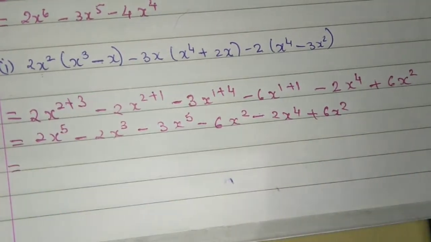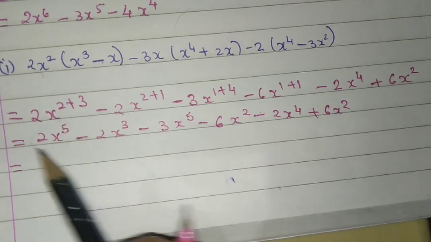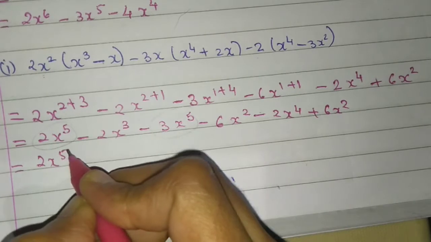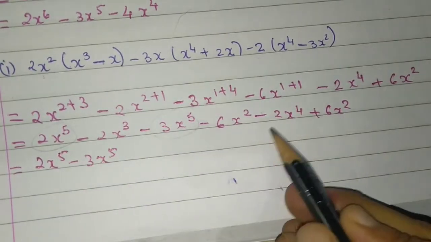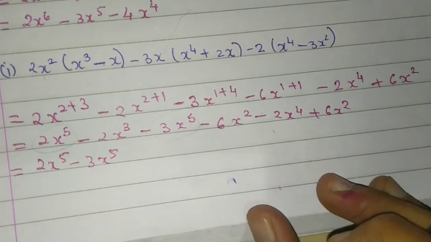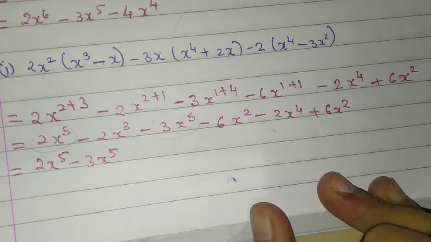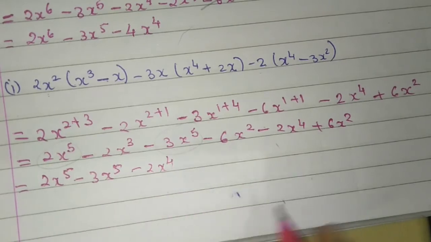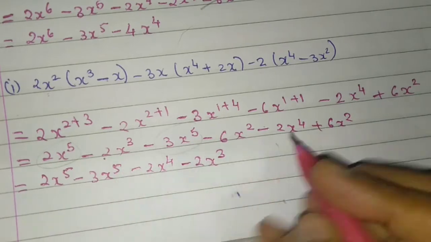Now whichever the same power terms we will write together. So this term and this term are same: 2x⁵ minus 3x⁵. Another one, minus 2x⁴, is a single term, so we will write that. Now minus 2x³.